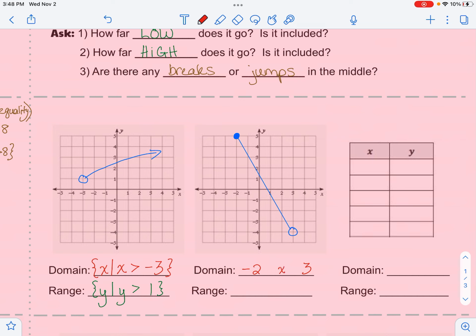That -2 is a solid dot, so it's less than or equal to. And the 3 is an open dot, so it's going to be just a less than. So the x in the middle is representing everything between -2 and 3, including -2, but not including 3.